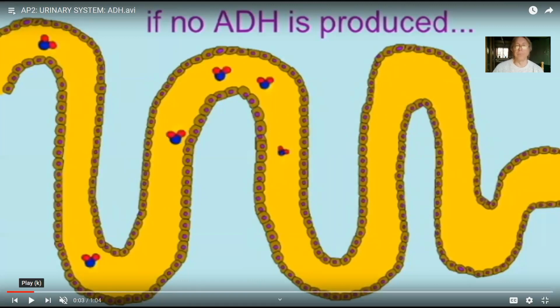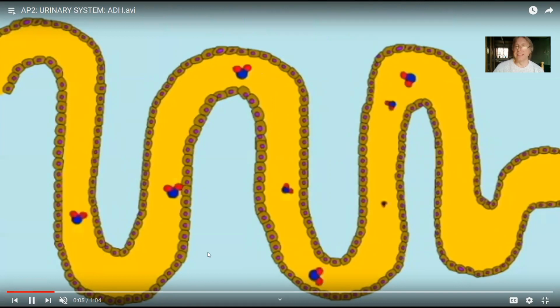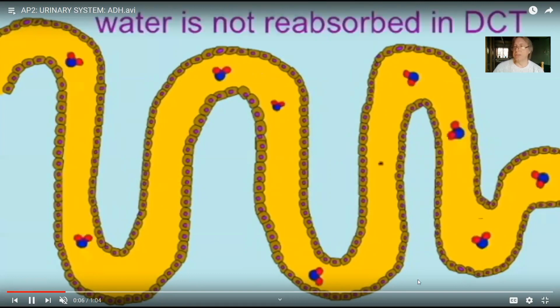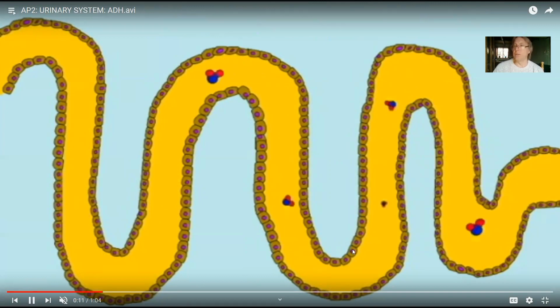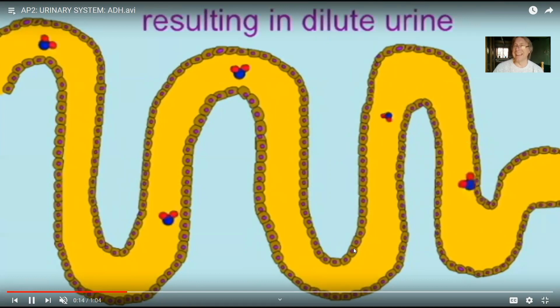So for example, if no hormone ADH is made, then the water which reaches the DCT simply continues and will be lost as urine. And so not making the hormone ADH results in a dilute urine because that causes these water channels not to be synthesized, which would reabsorb the water.